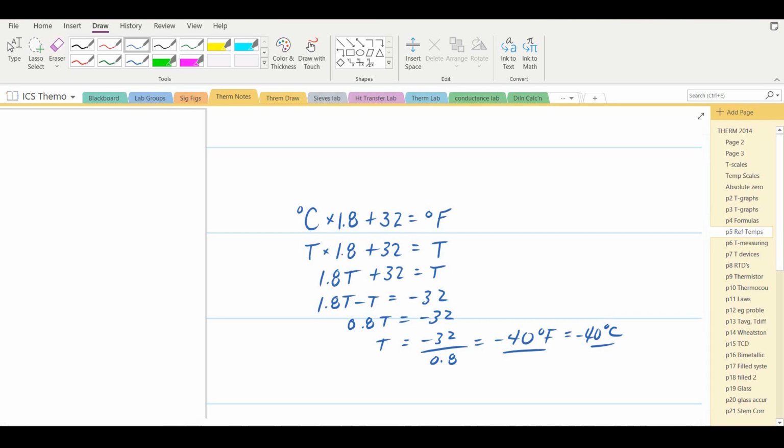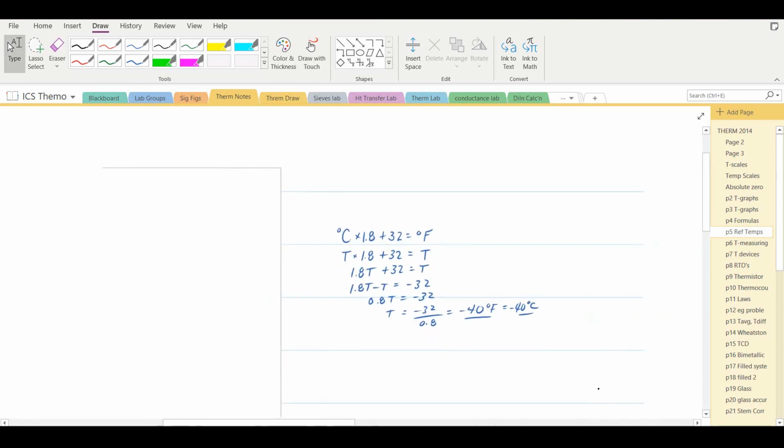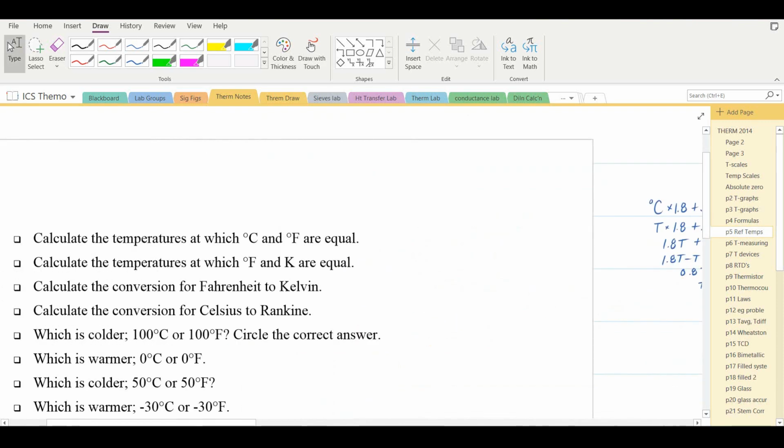At any temperature below minus 40, a Celsius temperature is actually colder than a Fahrenheit temperature. At any temperature above minus 40, a Celsius temperature is actually hotter than a Fahrenheit temperature, because the Fahrenheit scale is more exaggerated.